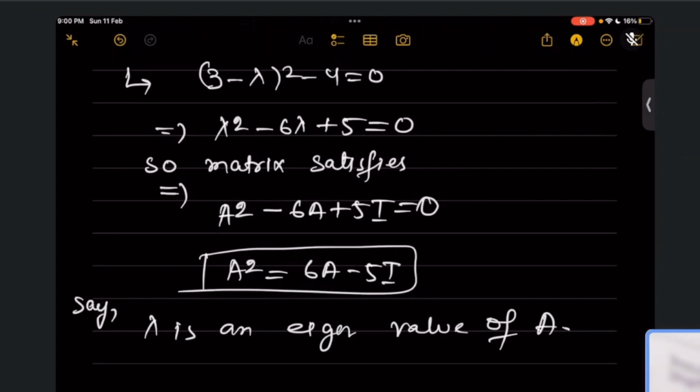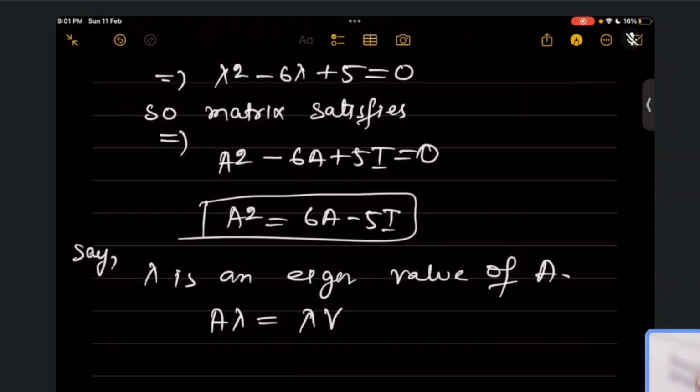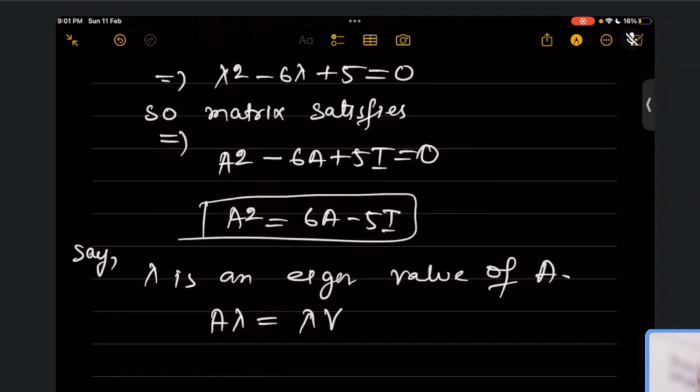If A has an eigenvalue lambda, it means that AV is equal to lambda times V, lambda times some vector. This is the definition of eigenvalues.